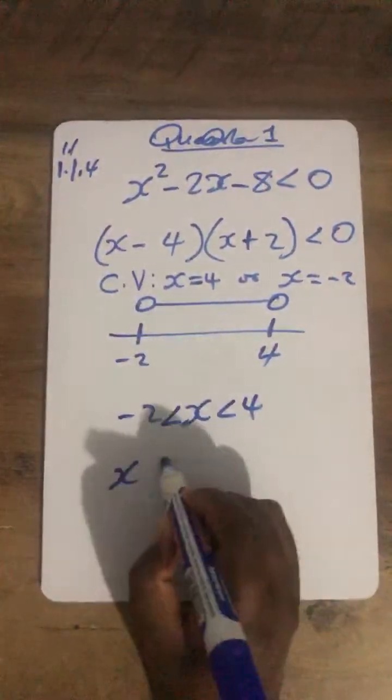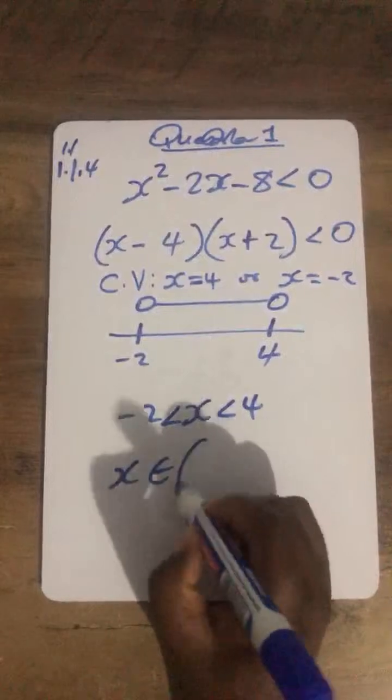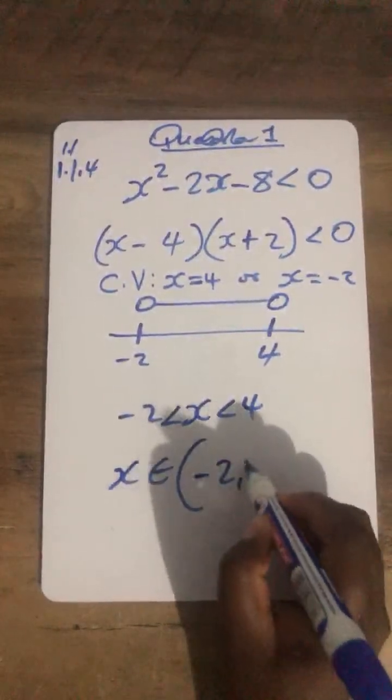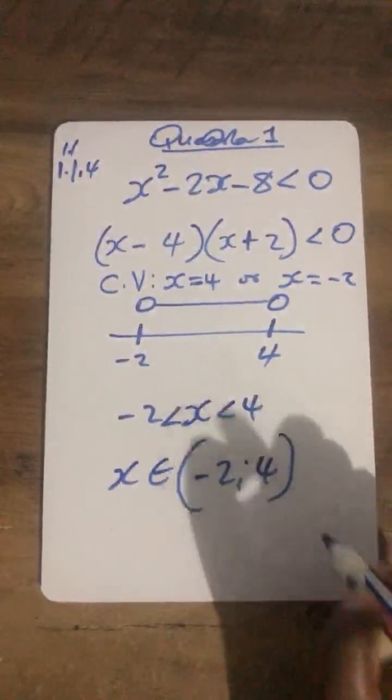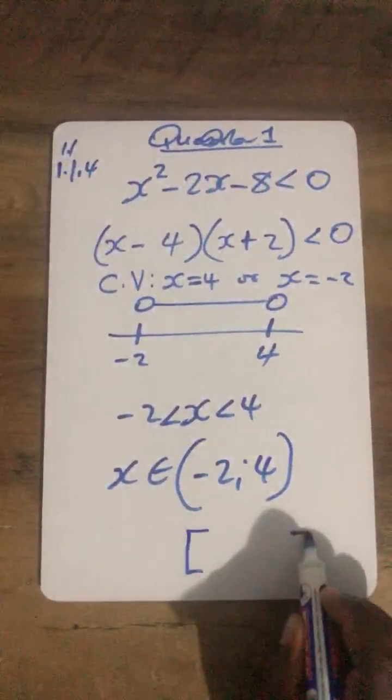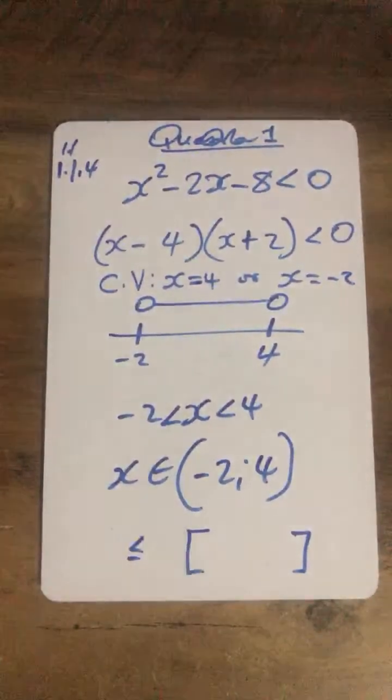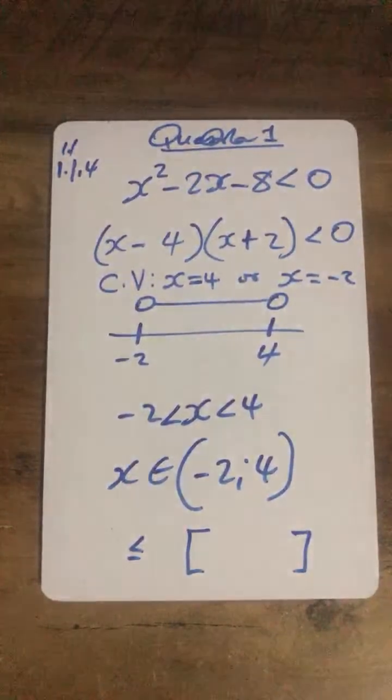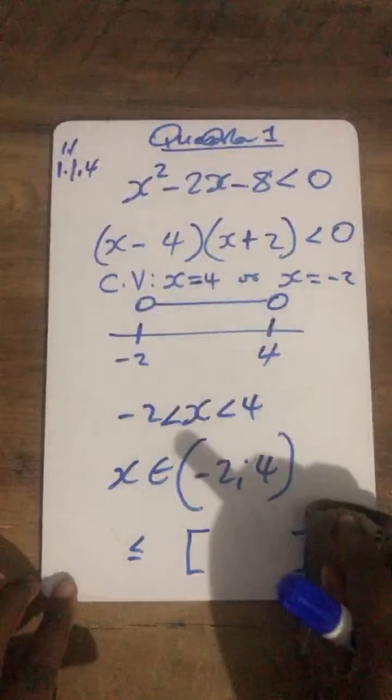Otherwise, you can just say x is an element of, and you use this type of bracket and also that type. This one you use if you had, for example, less than or equal to. Greater than or equal to, that's when you use this type.